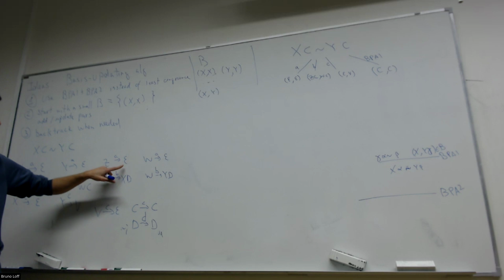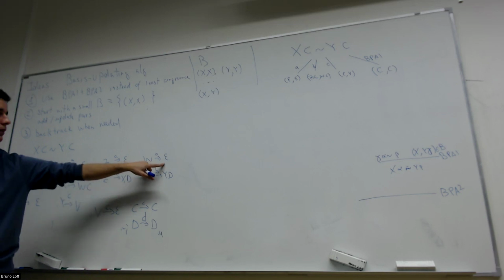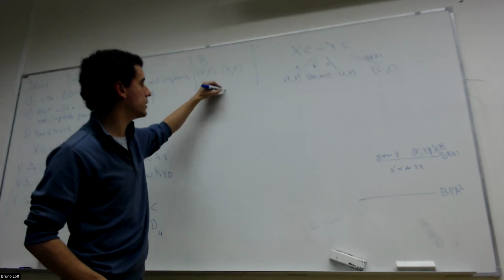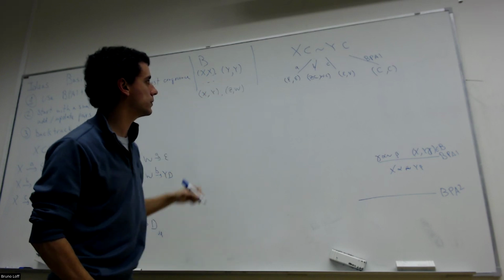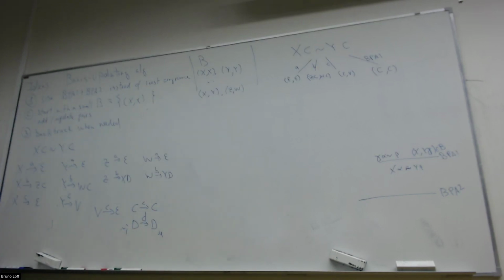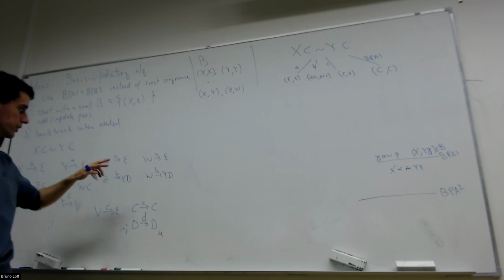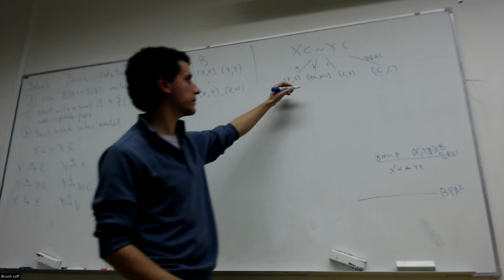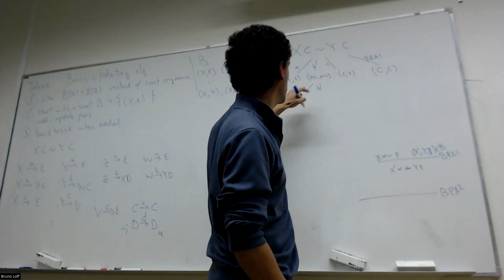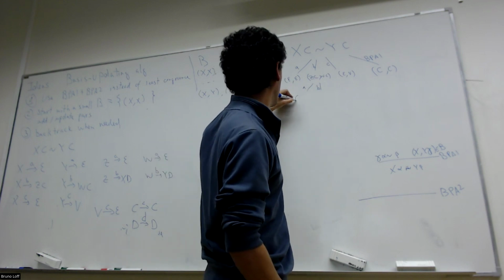And because they both again have a transition to epsilon, I can just add the pair ZW as the BPA1 pair. So there's two transitions here, A and B. From Z, they both go to epsilon.